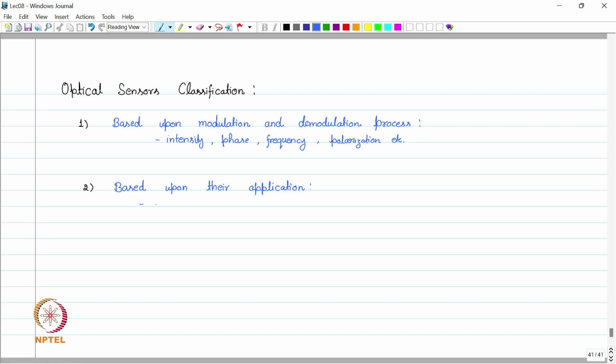So for example, we want to measure some physical quantity, for example pressure. So this can be one of the measurements, or some chemical composition we want to measure using an optical sensor, and maybe some biomedical applications. And the third classification can be based on the type of sensing.